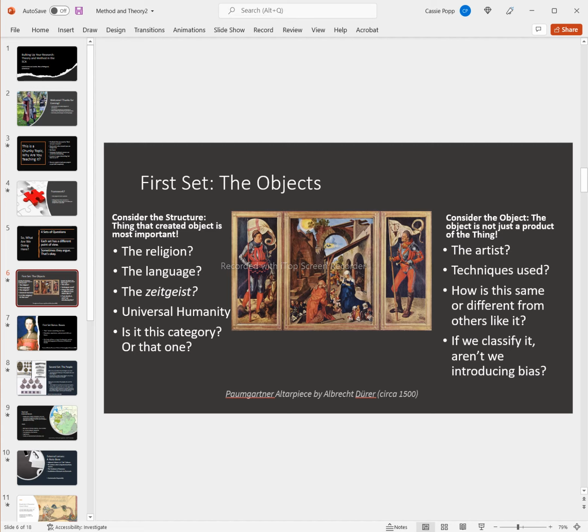But we also need to realize that as we're trying to classify this object and as we are trying to talk about the artist, we have to be careful of overgeneralizing, even within the scope of the larger scale of Dürer's work.